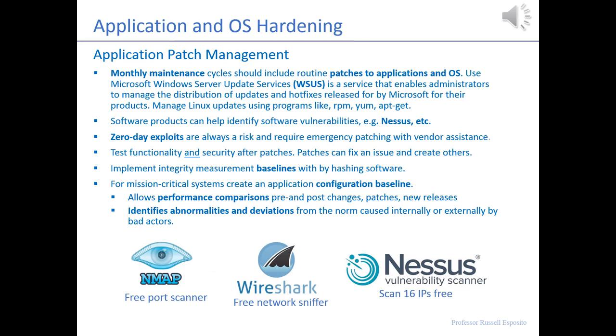Integrity measurement baselines. So software, you could take your software, particularly the software you've coded, if it's a large exposed application, you can hash the software. So we talked about cryptology already, and the hashing, you know what that is. It's adding up all the bits and bytes of the software, of the electronic version of it.